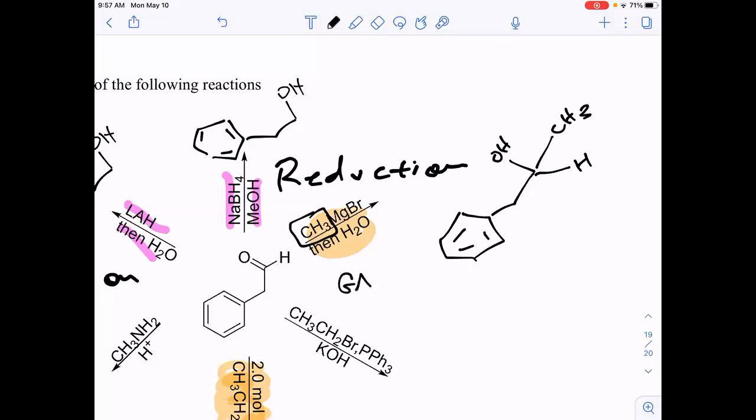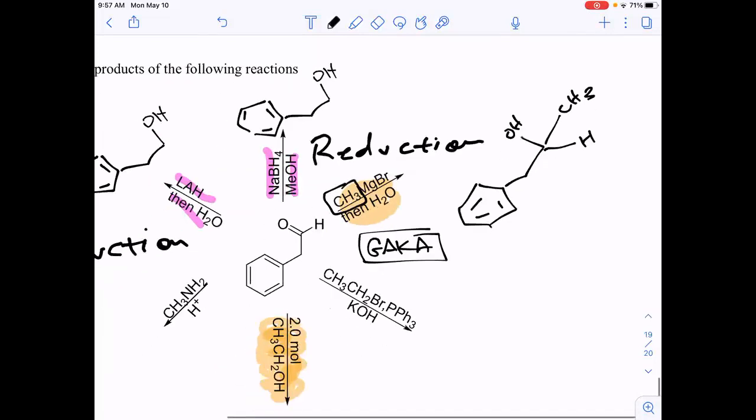Yes. Remember the mnemonic? Grignard plus aldehyde or ketone equals an alcohol. It's an old reaction. We've done it before, but I just stuck it in there because it's one that we should remember.